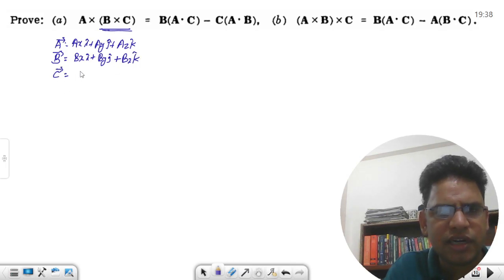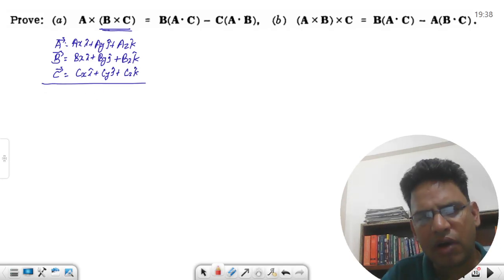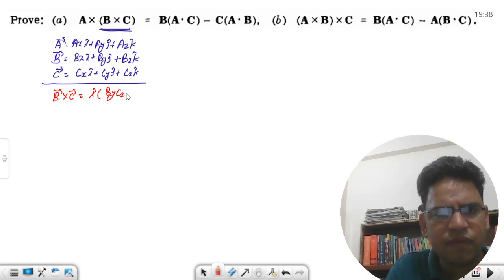This C vector is written as CX I cap, CY J cap, CZ K cap. And when you identify B cross C, how are you going to write down B cross C? The ith component will be BY CZ minus CY BZ.